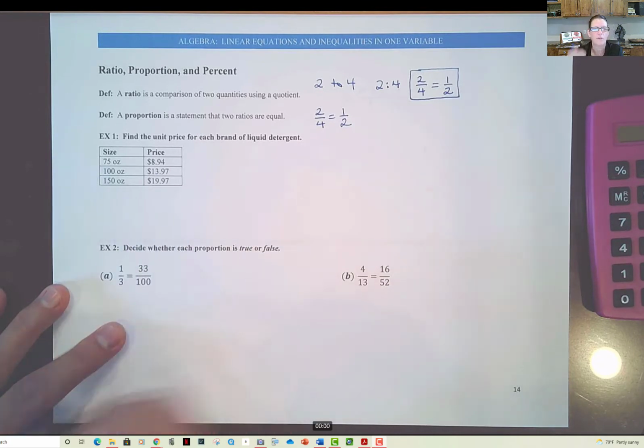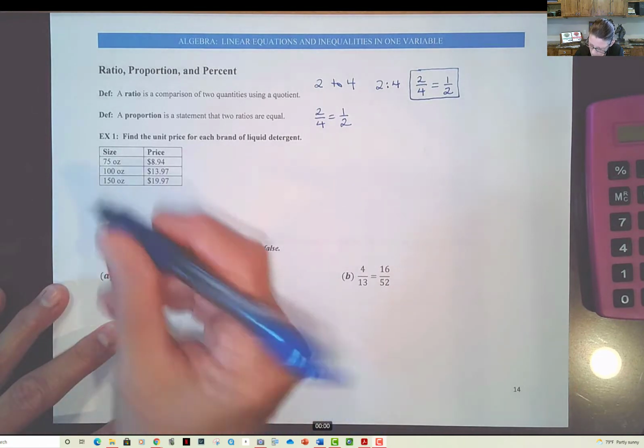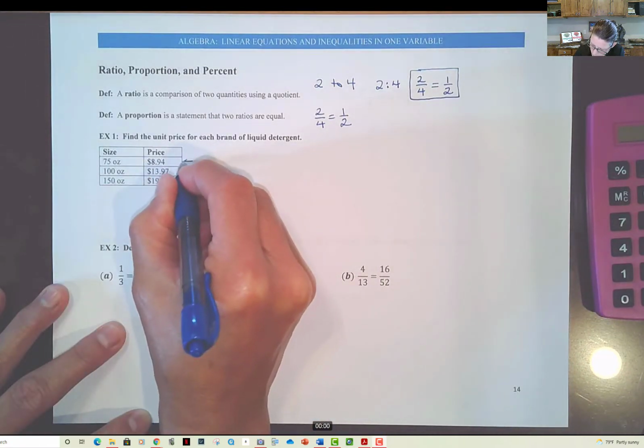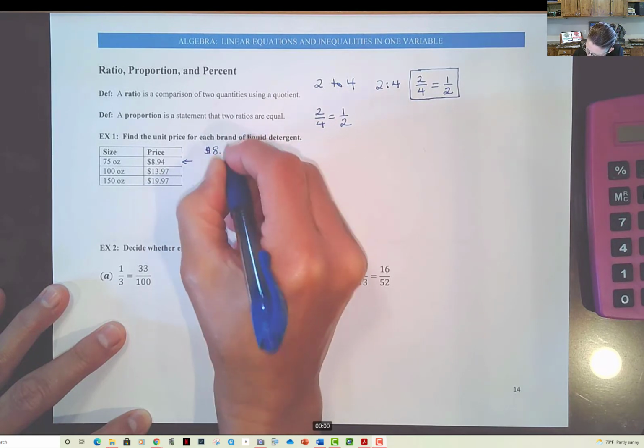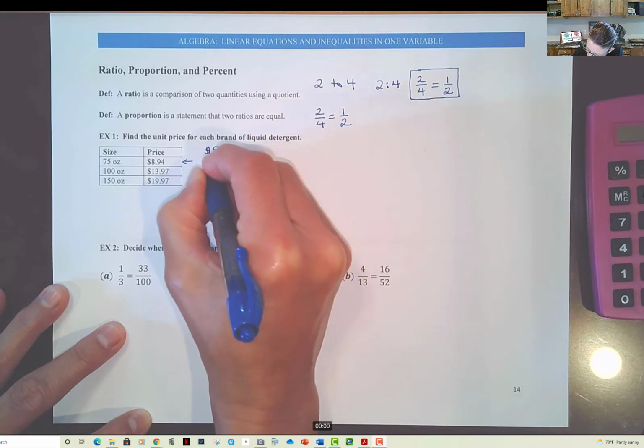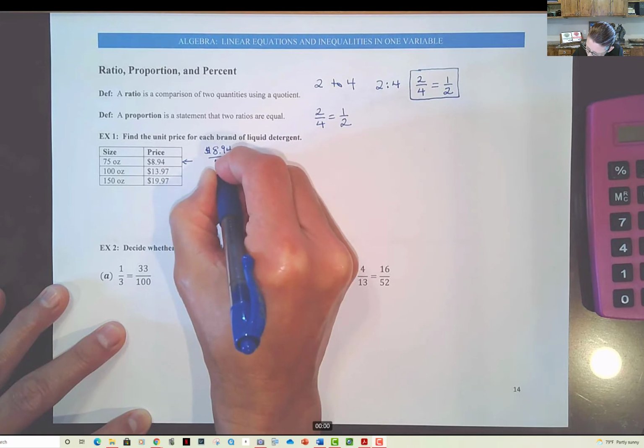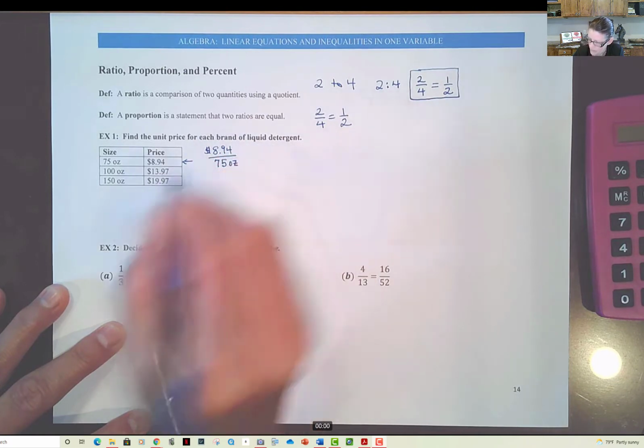Now we want to find the price per ounce, and when we say price per ounce, that tells us the actual order in which we're going to divide to find the unit price. So for this first option, we're going to take that price, $8.94, and we're going to divide that by 75 ounces.